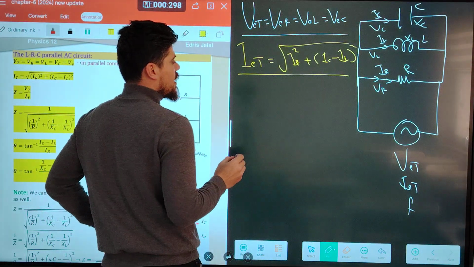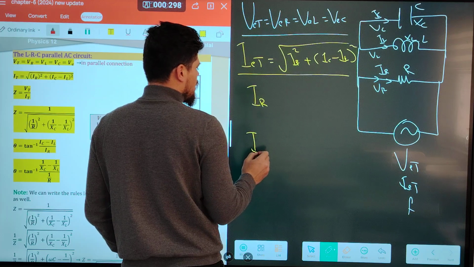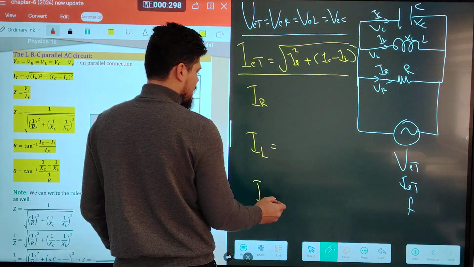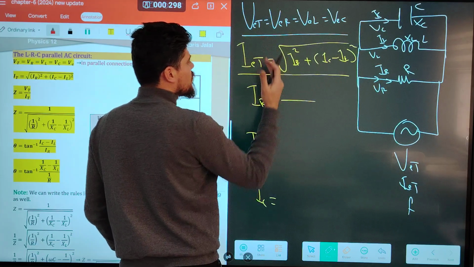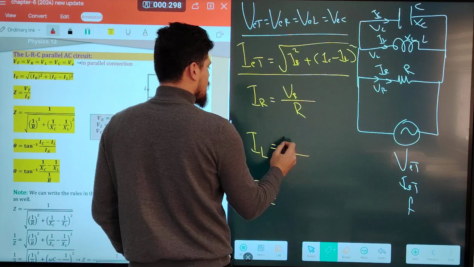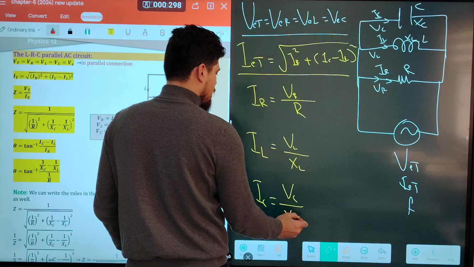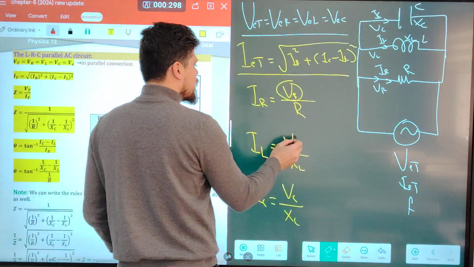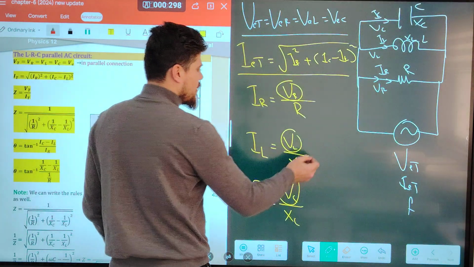And guys, current across resistance is not equal to current across inductance and not equal to current across capacitance. According to Ohm's law, I is equal to what? V over R. IR is equal to VR over R, IL is VL over XL, IC is VC over XC. Okay? But all VR, VL, VC are equal, the same. They are the same. Okay?